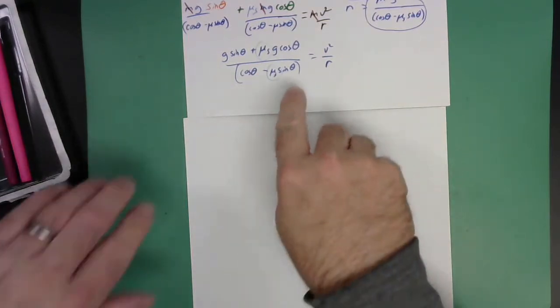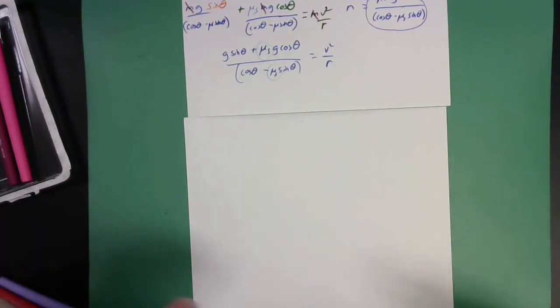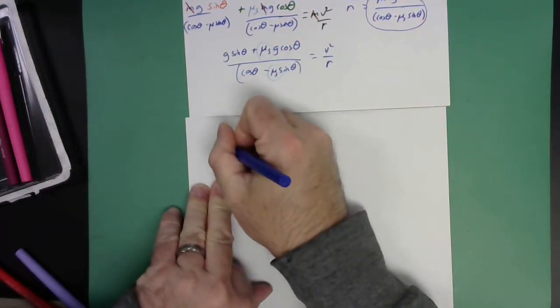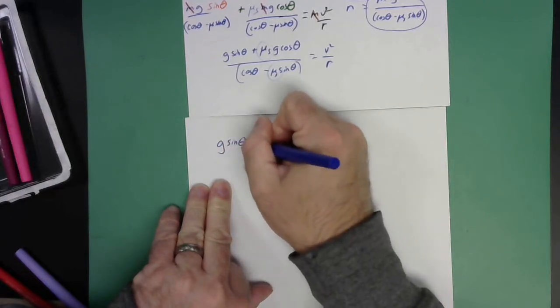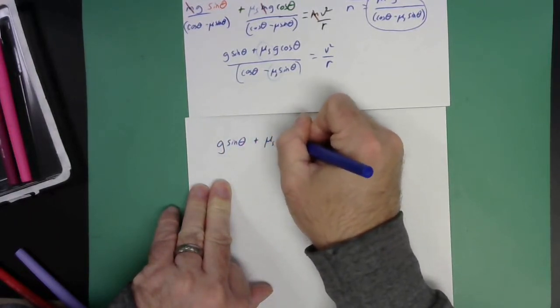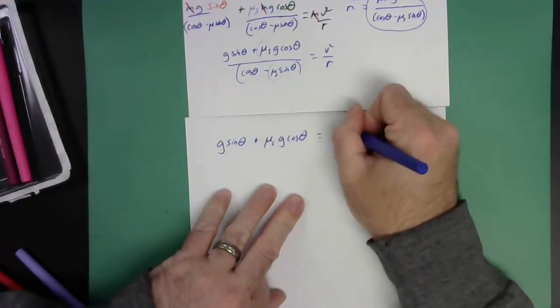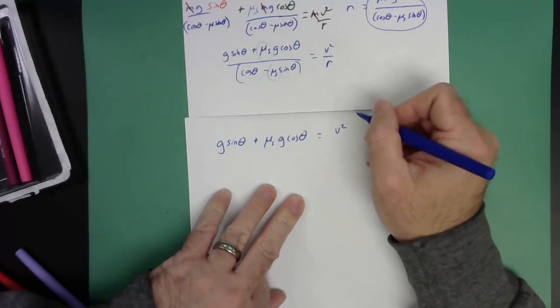Like I said, let me take this denominator and multiply it over here. Yuck. g sine theta plus mu g cosine theta equals, I'm going to distribute that v squared over r. Am I really going to do that?